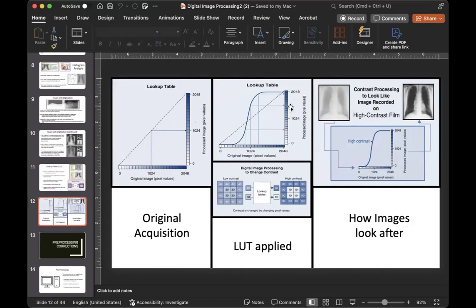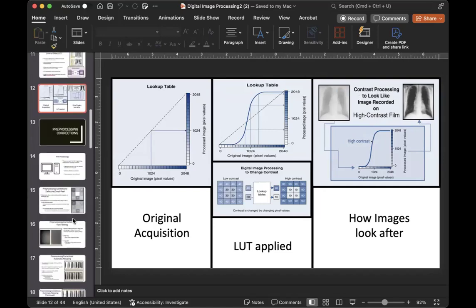These values come out to this shade. Here, these values come in, right? And that's why you can see a better image in regard to the window width and window level, the contrast, and the viewing of the image.